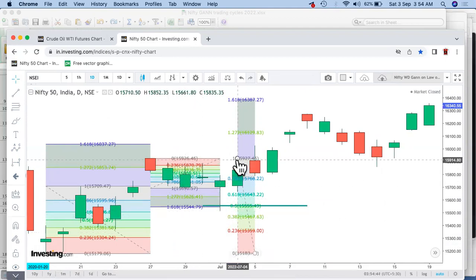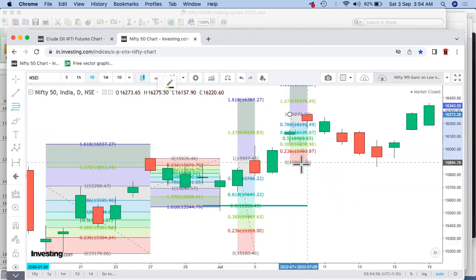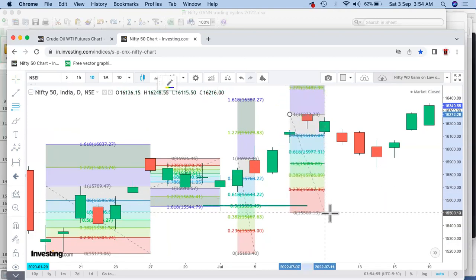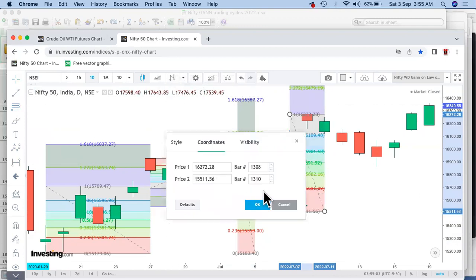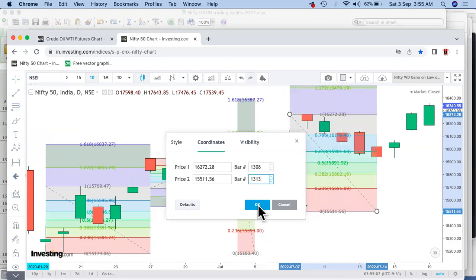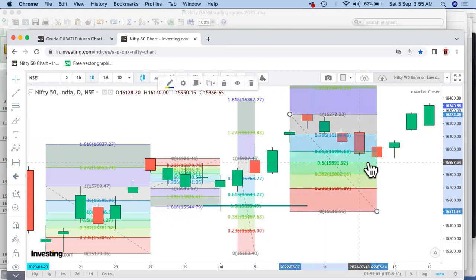Again, we saw a similar swing. With this similar swing, one more important thing which I would like to highlight: if I find this high and the low part of this one, and just join these 2 points, I get something which is again coming back to 0.5.